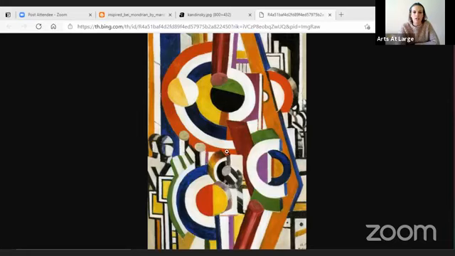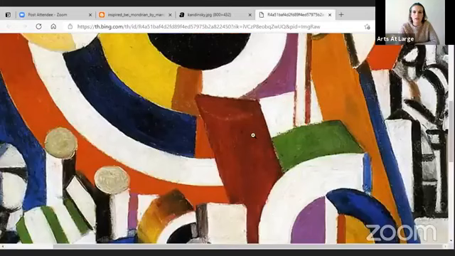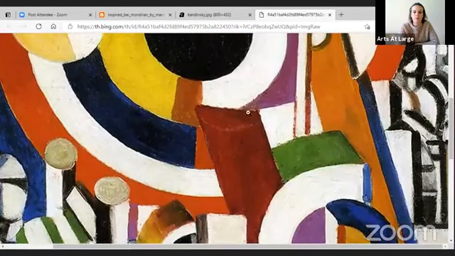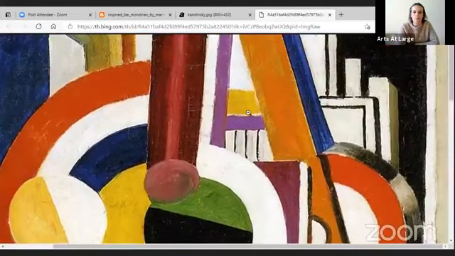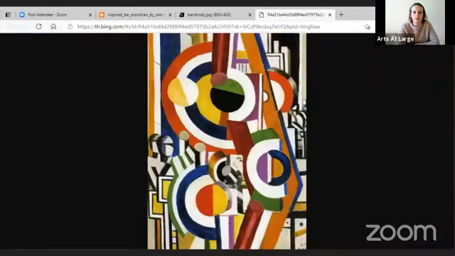This is all paint. He makes a whole bunch of different shapes in his work.